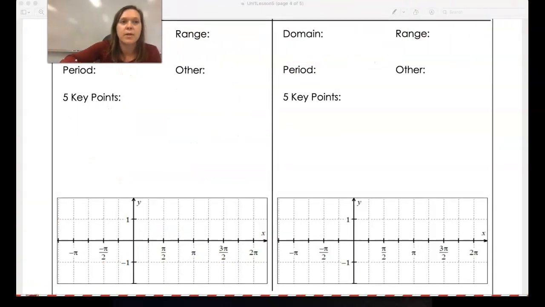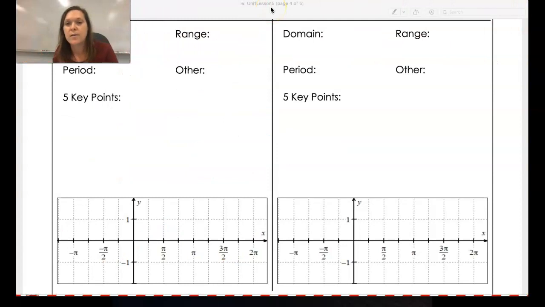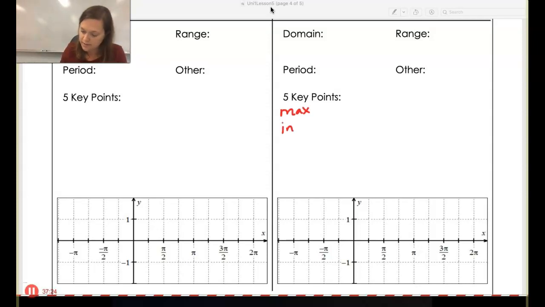Move my head over here. All right, so cosine is just like the sine but shifted over. So now instead of starting with an intercept, we're going to start with max, intercept, min, intercept, back up to max. And our max starts at 0, 1. Then we go to half a pi, 0. Then we go to pi, -1.